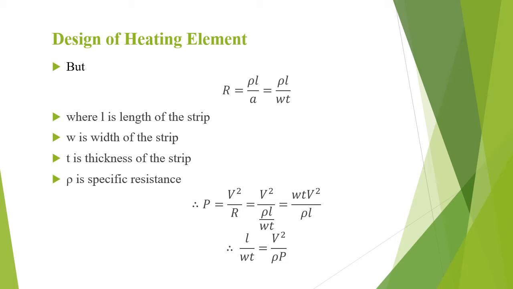Area of the rectangular strip is width into thickness, where L is the length of the strip, W is width of the strip, T is thickness of the strip, and rho is specific resistance. Substituting the value of R in the equation of electrical input, we get P equal to V square by rho L by WT, that is WT by rho L into V square. Therefore, we get L by WT equal to V square by rho P.